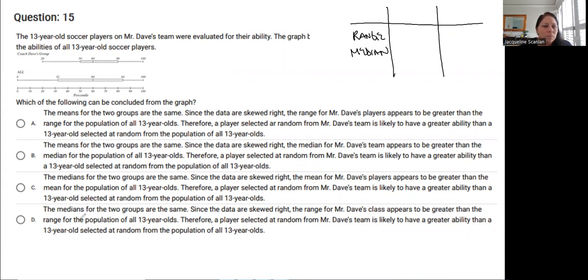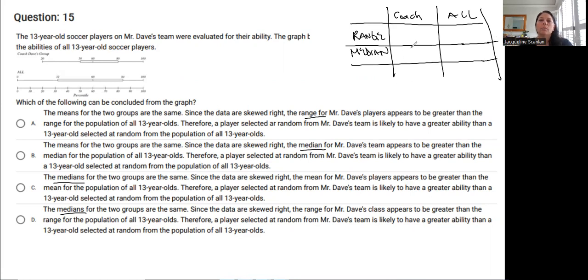Did it say anything else? Median, range. Range, median. Okay, I think that's it. Median and range is all I really need to find. And so I have 2 groups. I've got Coach Dave's group, and then I've got all of the players.